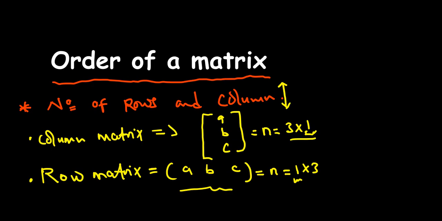And then from there we talk about some other matrix that is special in terms of the order. This matrix is what we call the square matrix.